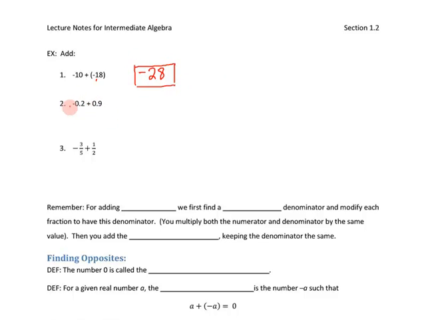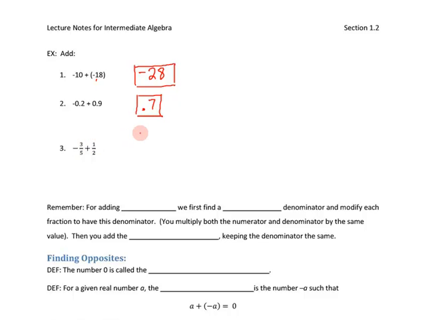Now if they have opposite signs, like in example 2 here, we're going to subtract. We're going to take 0.9 and 0.2, subtract the 0.2, you get 0.7. And you keep the sign of the larger absolute value. 0.9 has a larger absolute value than 0.2, so the final answer is positive.